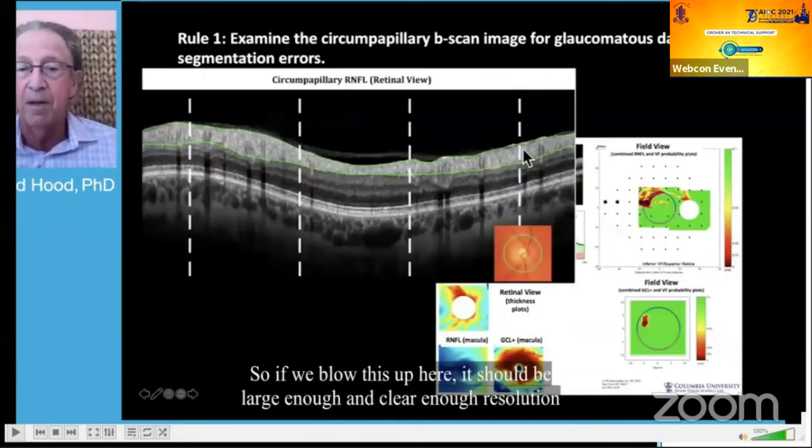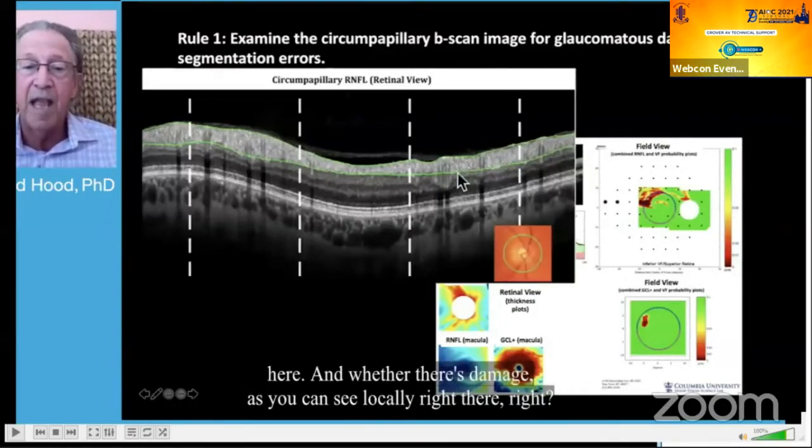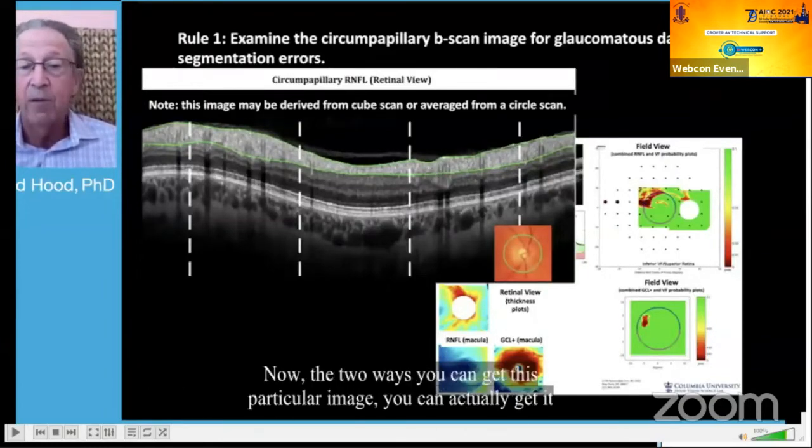So if we blow this up here, it should be large enough and of clear enough resolution that you can see whether the segmentation is accurate, as indicated by the green lines here, and whether there's damage, as you can see locally right there. Now, there are 2 ways you can get this particular image.